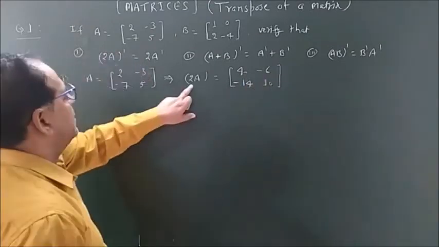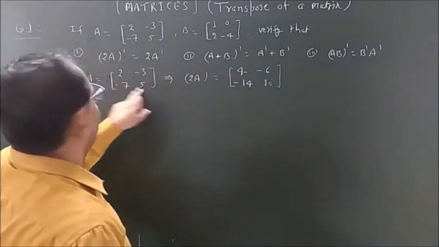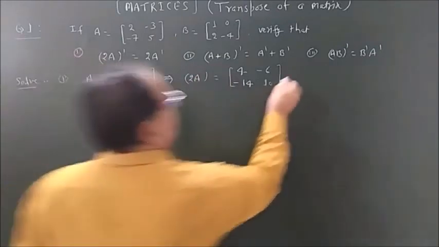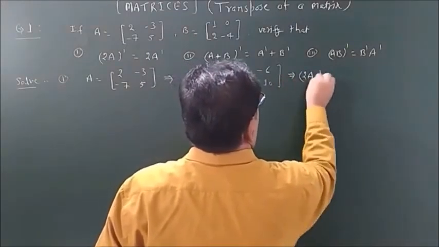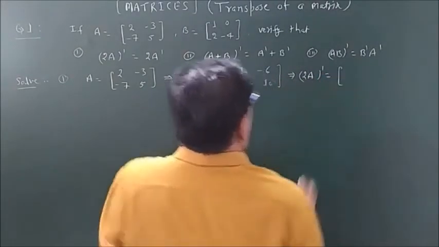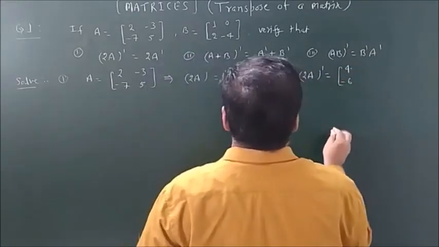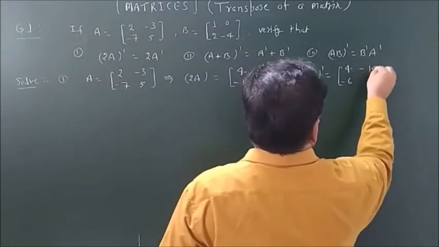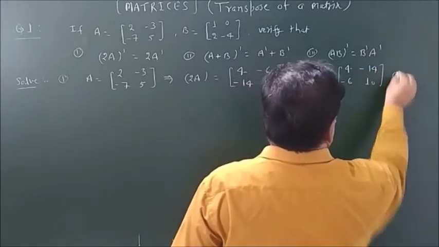This is scalar multiplication. So 2A becomes [4, minus 6; minus 14, 10]. This implies that (2A) transpose equals, interchanging the rows and columns, [4, minus 14; minus 6, 10]. This is equation number one.